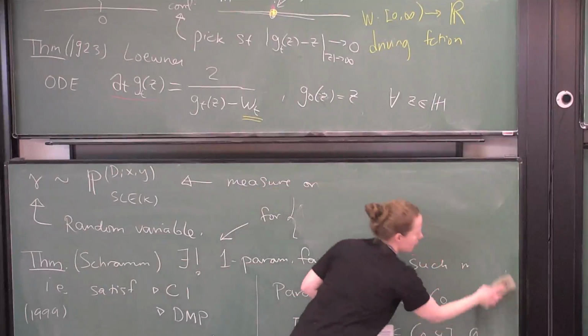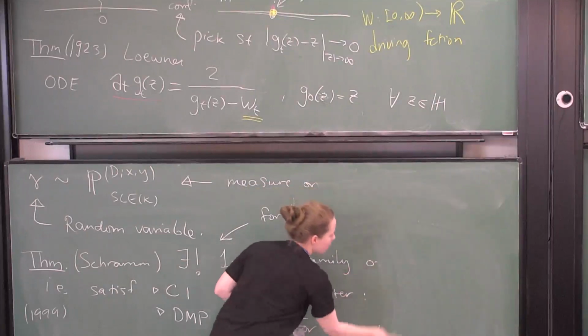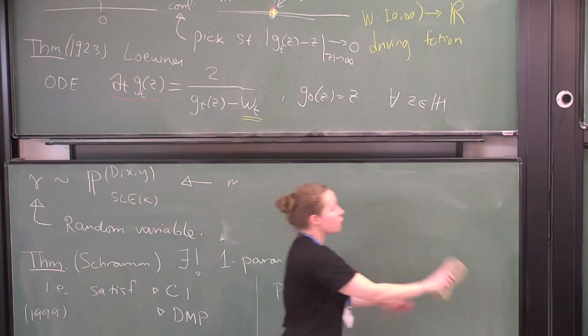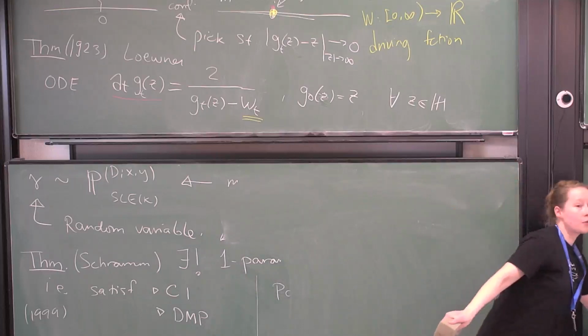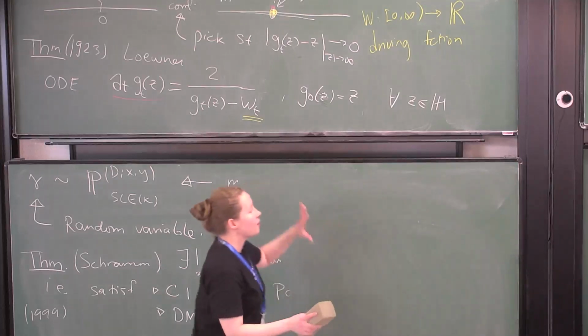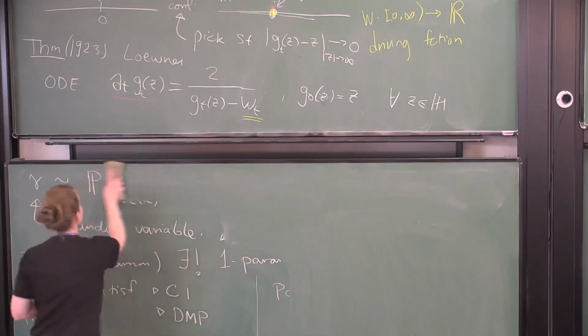Maybe I don't write it, but you can compute the Hausdorff dimension, which depends on this parameter. And the Hausdorff dimension in particular, in the case of very large kappa, is 2 because the curve fills everything. And in the simple curve region, the Hausdorff dimension is less than 2, right?